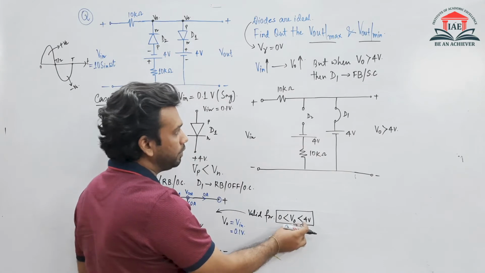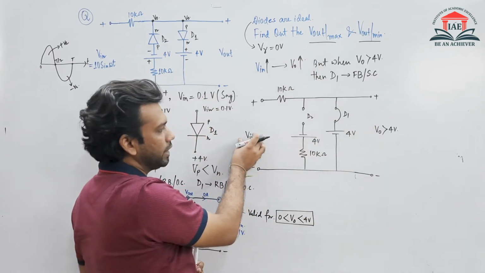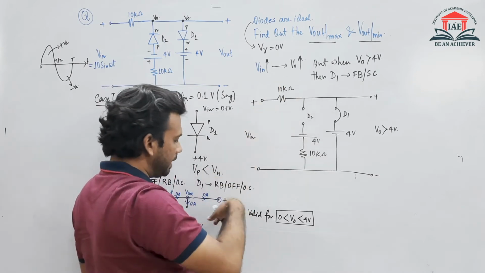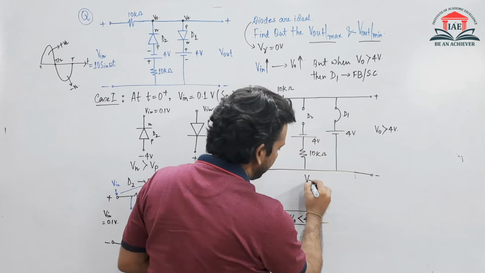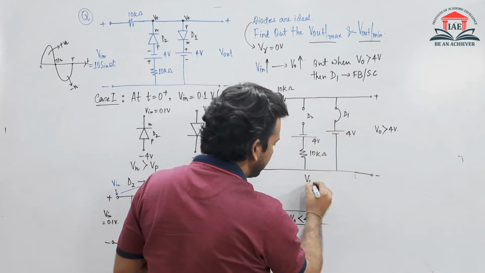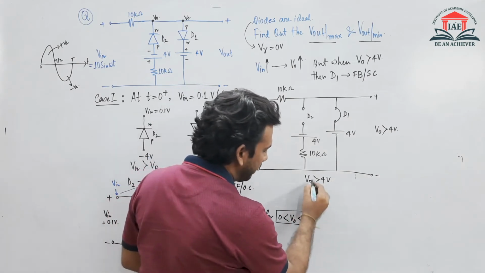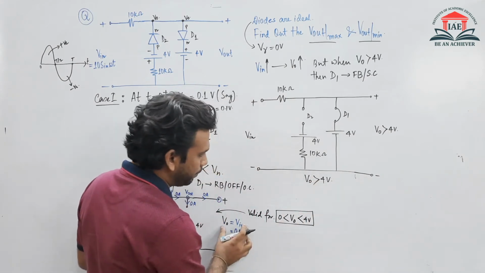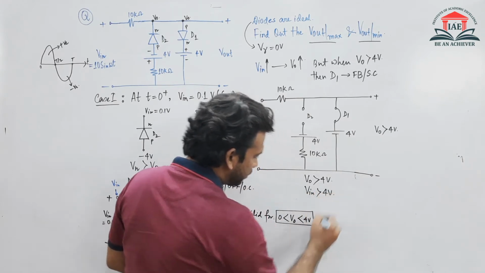If the output voltage is greater than 4 volt, what will the input voltage be then? We have already seen that V output will be V input. So this circuit will be valid for V0 up to 4 volt, and since V output equals V input, that means V input equals 4 volt.